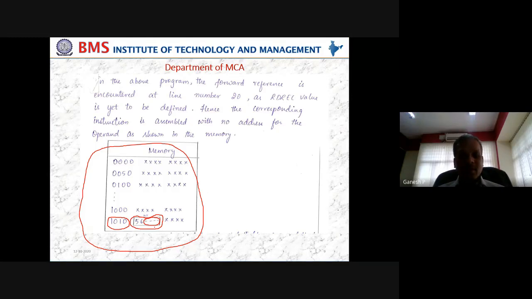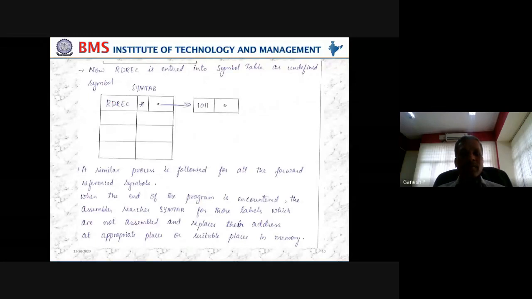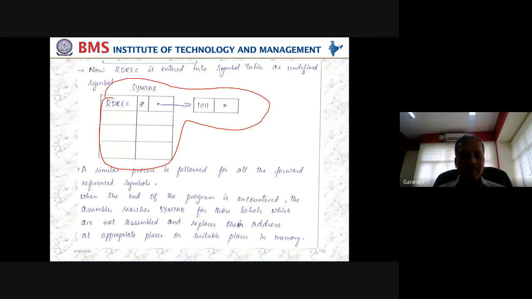So how to deal with that now? We have a symbol table, an extended symbol table, where RDREC is stored. But at that time its address is not known to me, so it is a star. So I have to provide an additional data structure called a linked list. I am telling the system that in future, whenever you get to know the address of RDREC, put that into the memory at 1011.